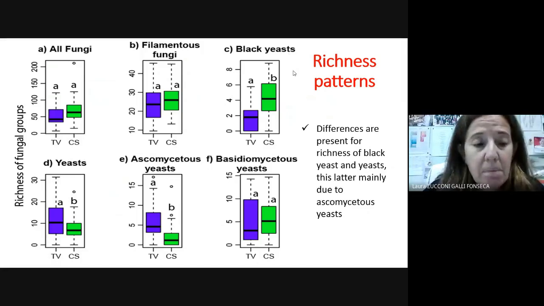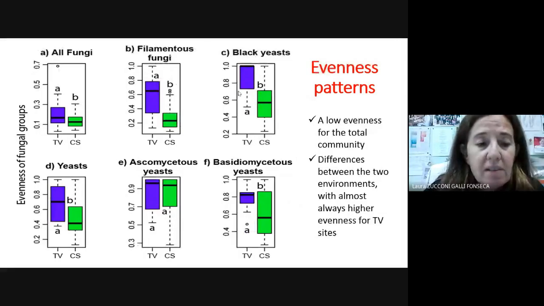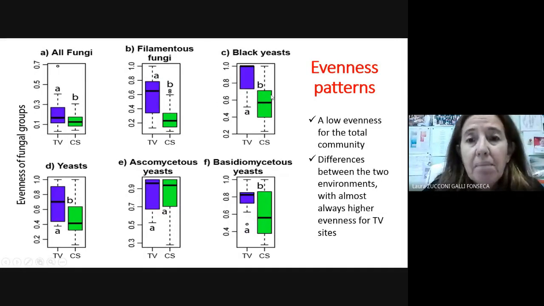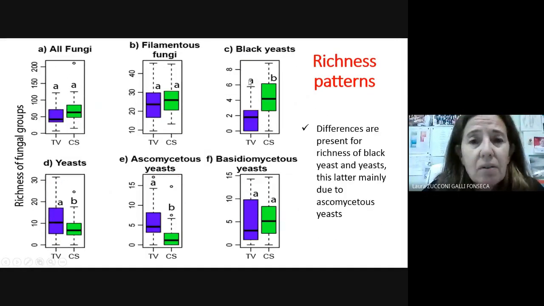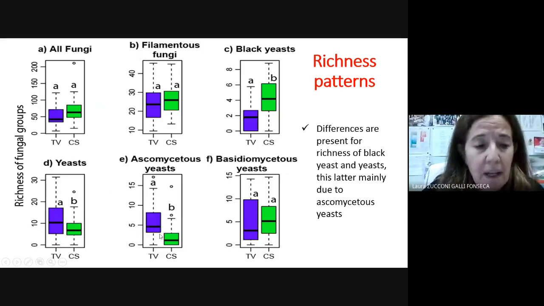Differences are present for richness of black yeasts and of yeasts. And in this last case, the differences observed are mainly due to the differences within the Ascomycetes yeast group.